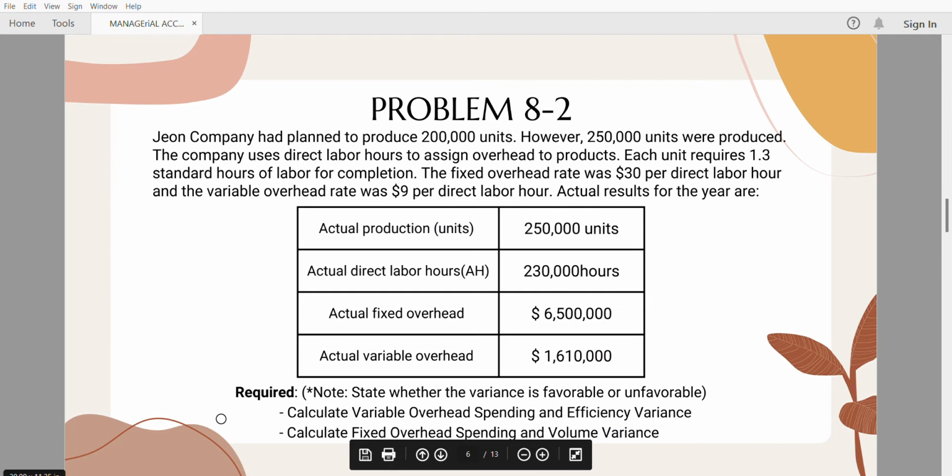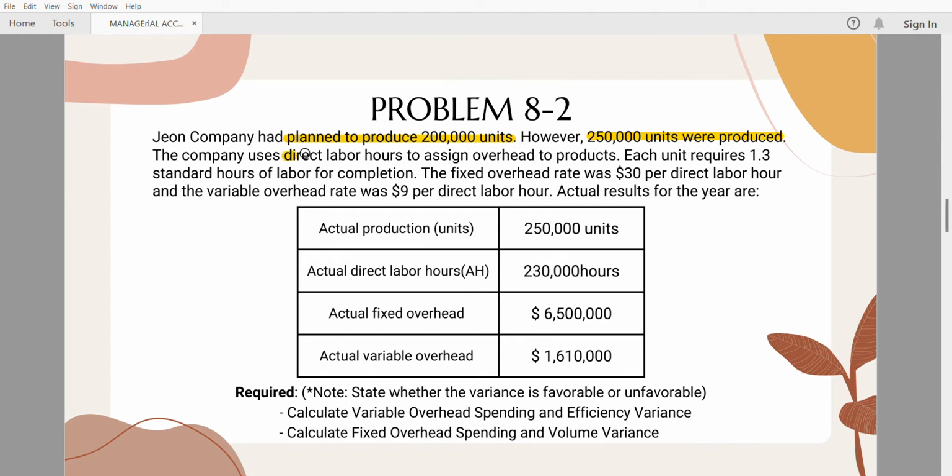We have problem 2. Right here, John Company planned to produce 200,000 units. However, 250,000 units were produced. They planned 200,000, but they eventually made 250,000.